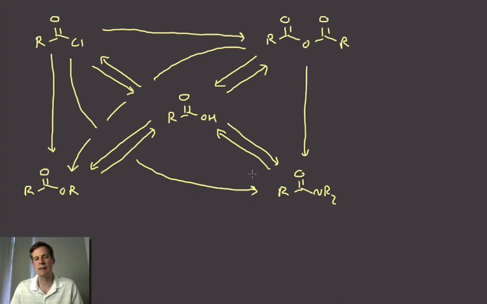It is technically feasible. And one thing that we didn't actually cover, but is also certainly possible, is you can go from an ester to an amide. What you would do is essentially treat an ester, for example, with an amine.